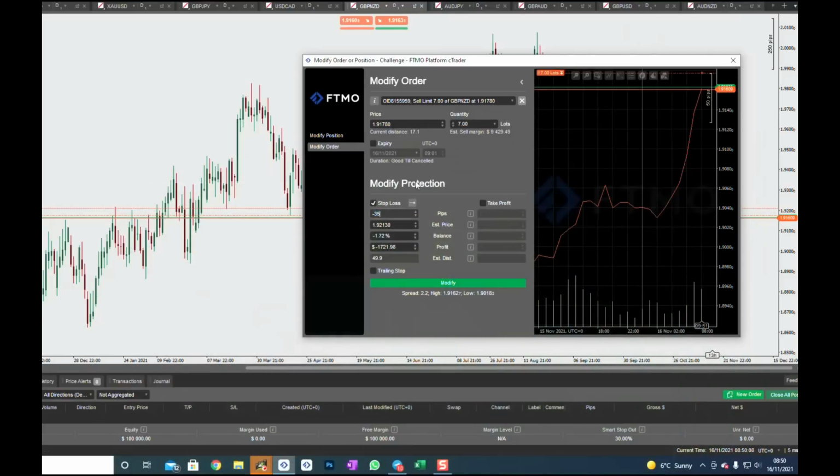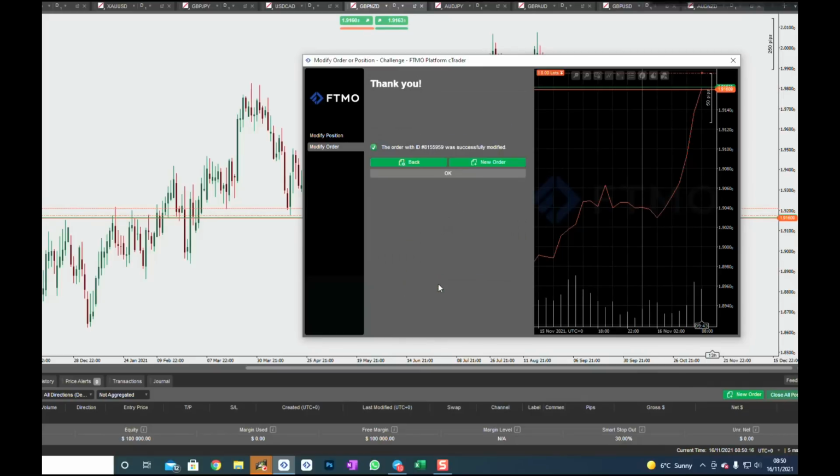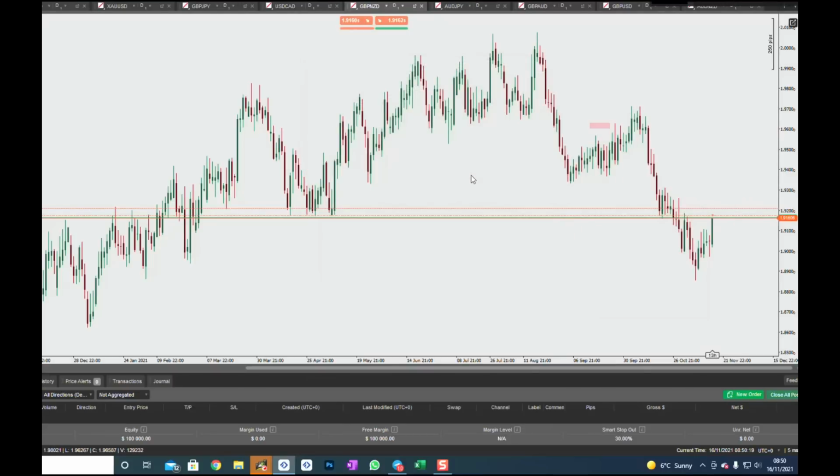So 35. I can make that 8. This is a little risky today. Pound is pushing, but you know what? Reduce it a little bit. We should be able to see a 55 pip move, so that'll be quick.